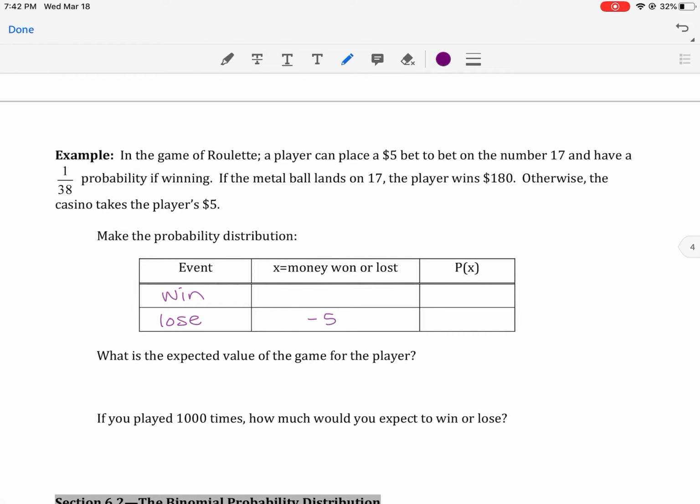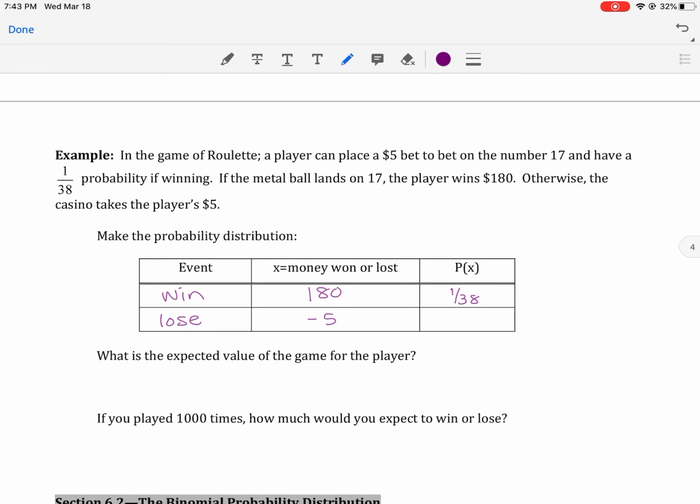It looks like you get your money back as well as your winnings, so let's add it this time. So you've got your $180 from winning, plus your $5 back that you invested. So the probability of the first one is you have a 1 out of 38 chance of winning.